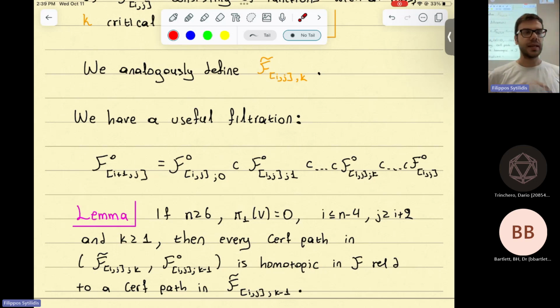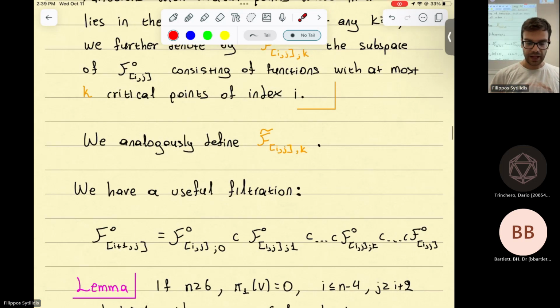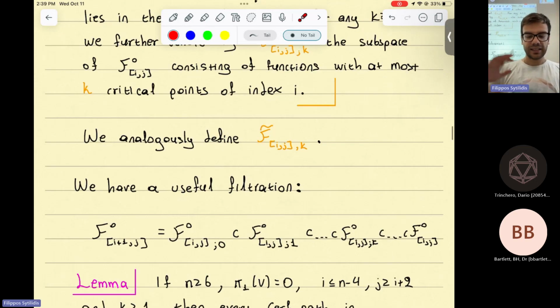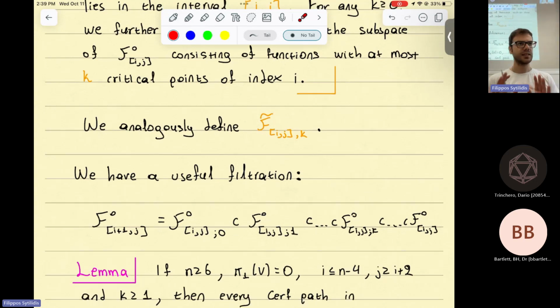And I say we analogously define f tilde of I comma j semicolon k, where we just also include cusps and crossings. But I'm not going to spell that out in detail. I hope it intuitively fits in. Is it relatively clear what the various new definitions are? I don't think I actually have to define any new spaces, which is good.